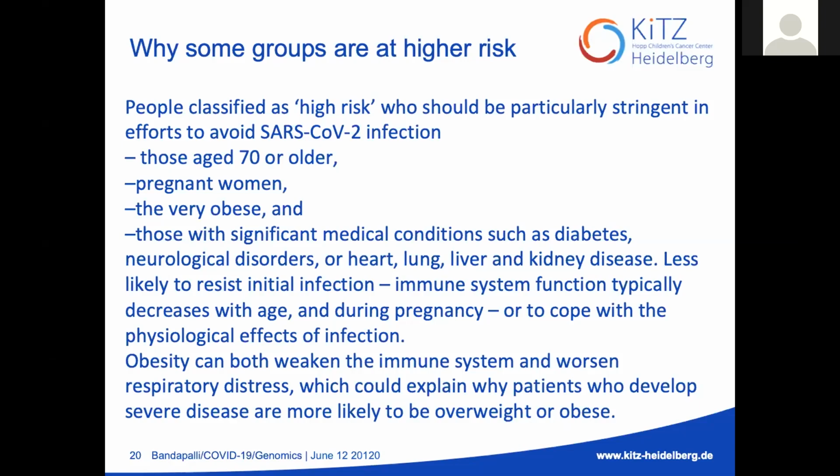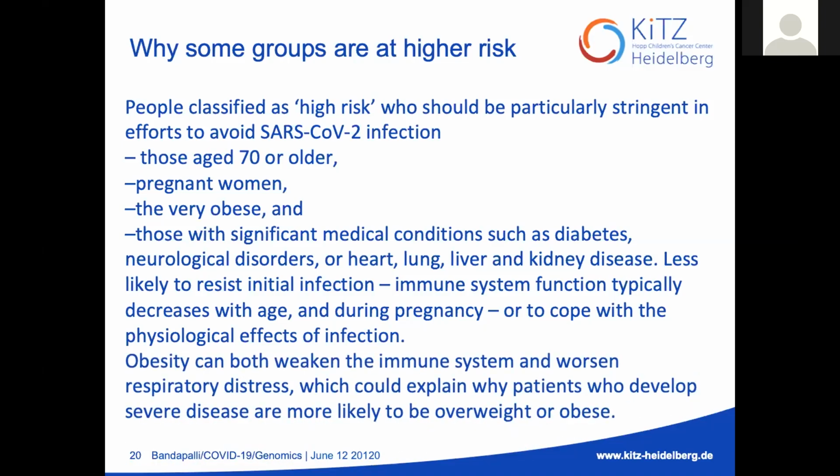They are less likely to resist infections because the immune system may not be so effective, and it typically decreases with age, and also during pregnancy the immune system is weak as it copes with the physiological effects of infection. Obesity can both weaken the immune system and worsen respiratory stress. That's why obese people should also be very careful in this situation. That could explain why patients who develop severe disease are more likely to be overweight or obese.